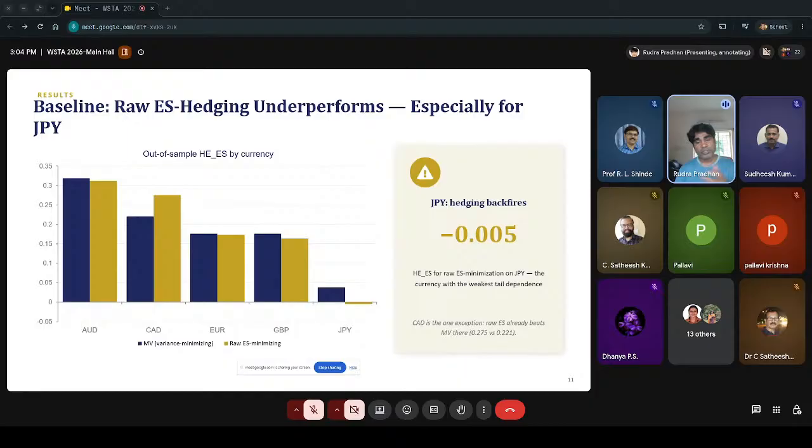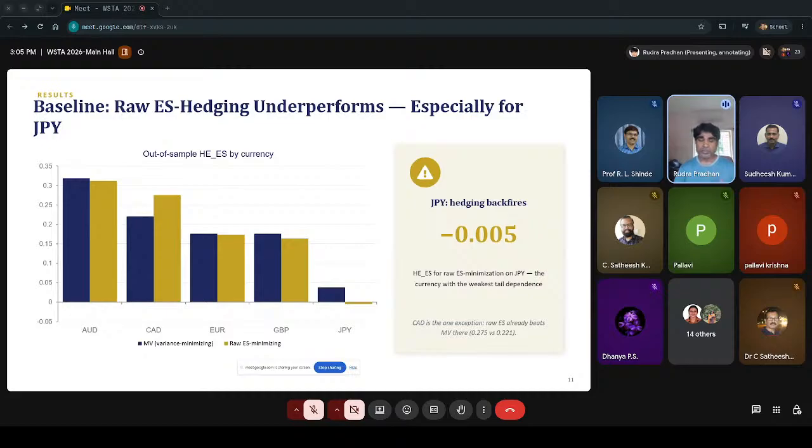And if you look into this particular case, the Japanese currency, JPY, is at the lower end, where the hedging vector is almost minus 0.005, and that's how the hedge ratio for raw ES minimization for JPY, the currency with the weakest tail dependence, appears.